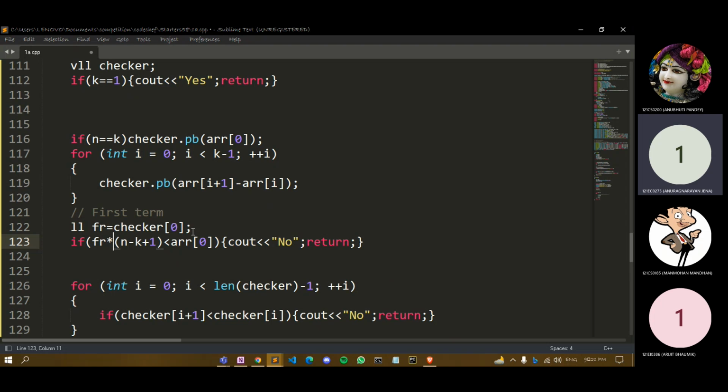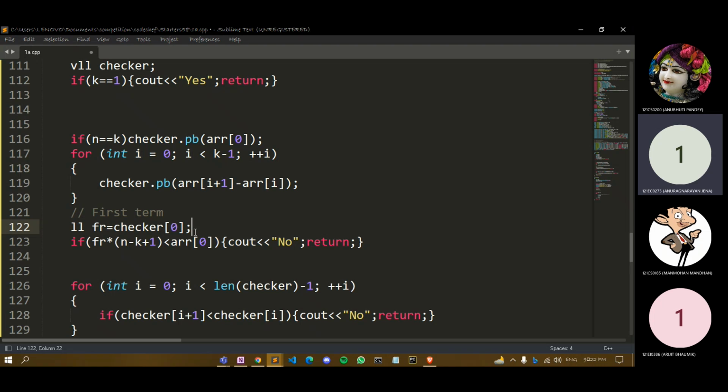So if the first term, you will take the first term of the prefix sum. That you will multiply with the number of elements left, the number of elements not given.